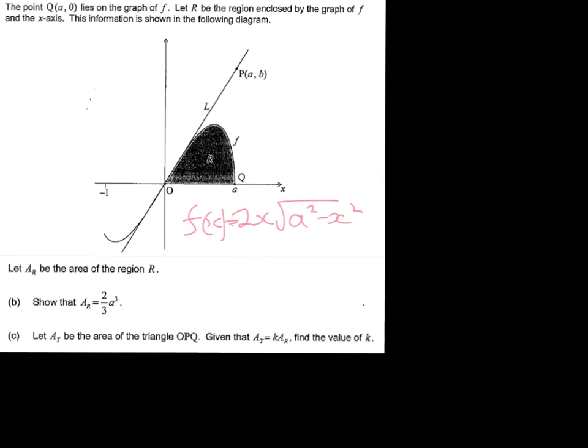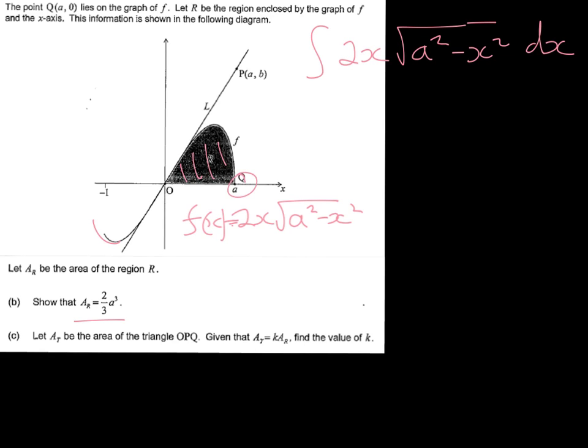Part B asks us to show that the area of this shaded region here is 2/3 a cubed. Now, we know that this function f(x) is 2x root(a² − x²). To find the area under the curve, effectively we are going to need to integrate 2x root(a² − x²) with respect to x between these two points, a and 0.